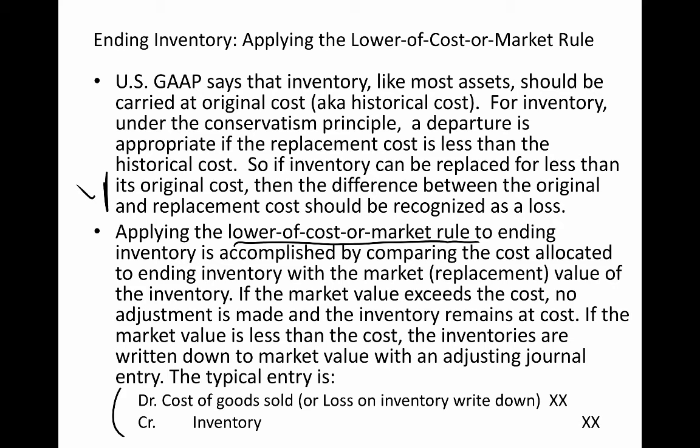And to do that, you debit cost of goods sold or loss on inventory write-down and credit inventory. And the reason we do this is because we're conservative and we always like to tell bad news early, as soon as possible.